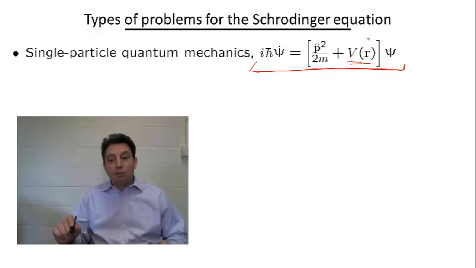But this compactness of quantum mechanics is a bit deceptive, because it can give you the impression that you can solve all possible quantum mechanical problems in one go just by solving this equation. This equation is very rich, and depending on the choice of V of r, the potential in which the particle moves, we can get completely different physical situations, and understanding them would require dramatically different mathematical approaches.